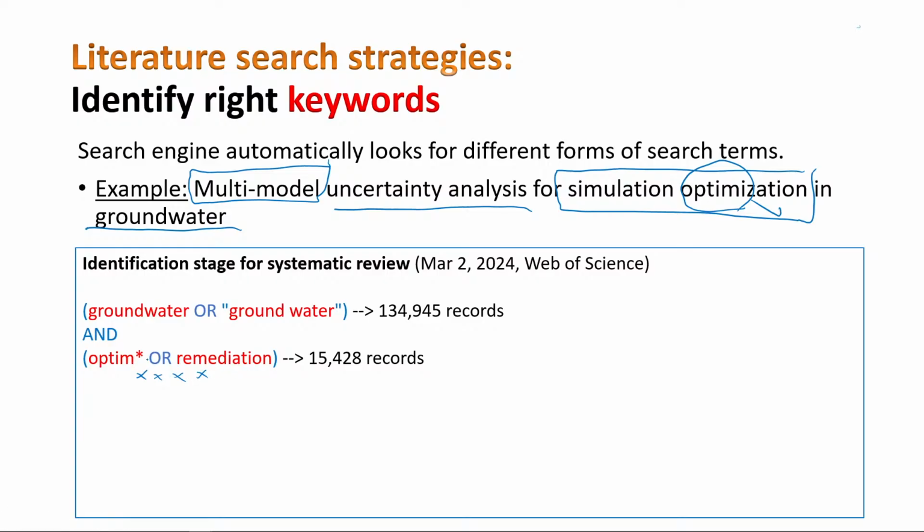This is optimum, so that could be optimal, optimization, optimizing, whatever. So that would include any characters with all the combinations. Now this reduced my records from 100-something thousand to 15,000-something.